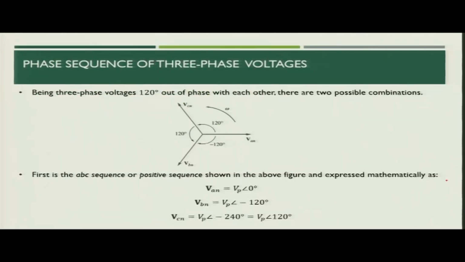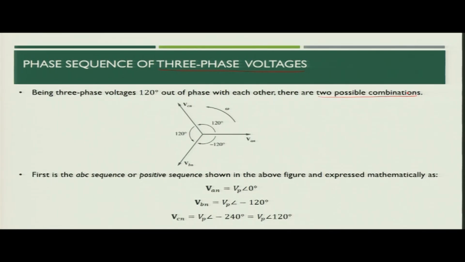Namaskar. So, in the last session we were discussing the phase sequence of 3-phase circuits. We will continue our discussion from that point onwards, and let us see the phase sequence for a 3-phase voltage source. Basically, when we talk about the 3-phase voltage source phase sequence, there are two possible combinations.